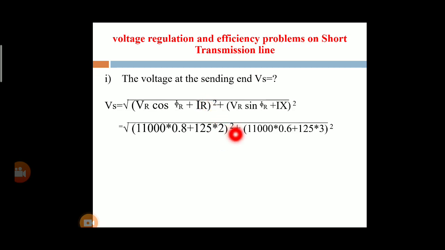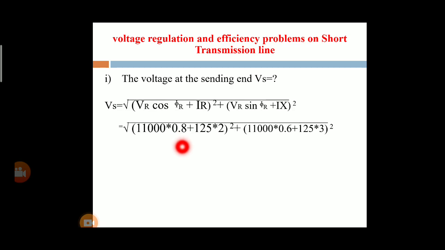Whole square plus, then we substitute VR, that is 11,000, into sin phi R. The cos phi R value is 0.8, then we find out phi R. Phi R is equal to cos inverse of 0.8, which is 36.6 degrees.